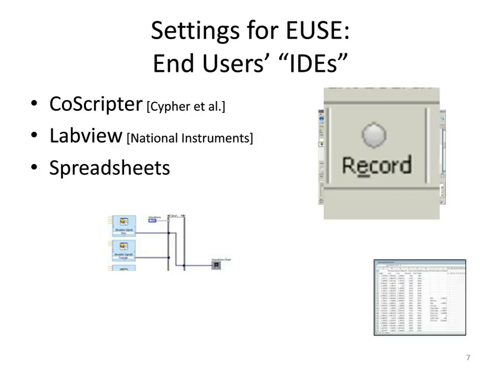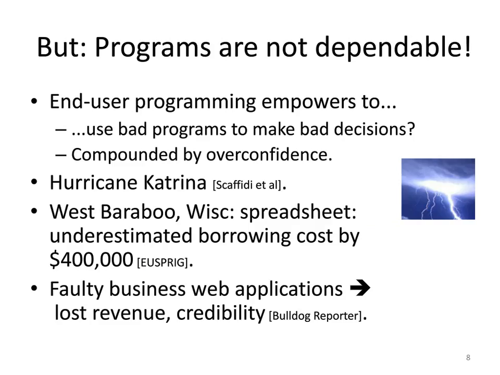So that gives an idea, but the problem, and this is the thing that spawned end-user software engineering, is that the programs that people write using environments like those tend to be very undependable, lots and lots of errors. So at that stage, without adding any kind of software engineering or quality capabilities to these kinds of environments, what we can say is that end-user programming is empowering ordinary end users to use bad programs to make bad decisions.